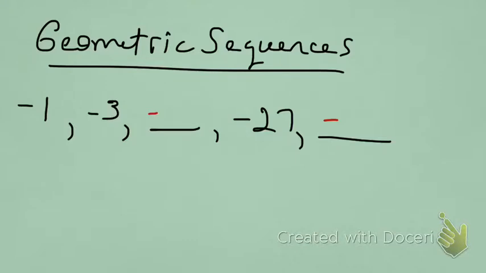Now that we know how they're the same, let's see how they're different. We are going from 1 to 3, if I forget about the negative. And then we're going from something to 27, and 27 to something else. To get from 1 to 3, that number is increasing.